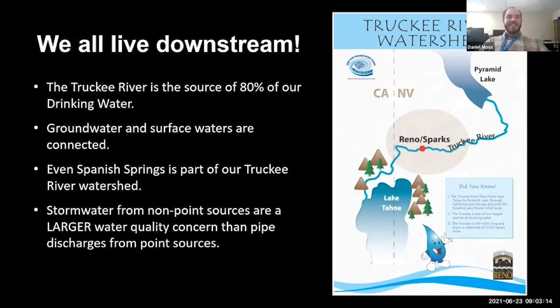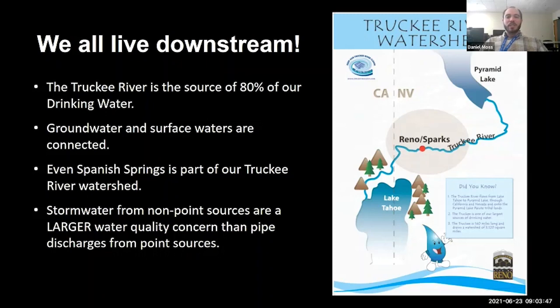The reality is that we're all part of this, and we all rely on the water, because 80% of Truckee Meadows drinking water comes from the Truckee River, and that number fluctuates based on the small amount of groundwater pumping that we'll do in other parts of the Truckee Meadows area.